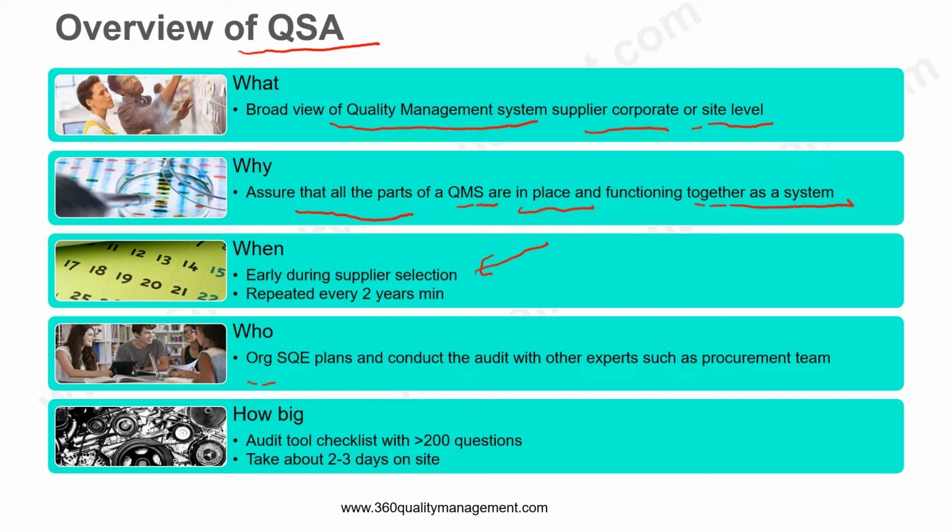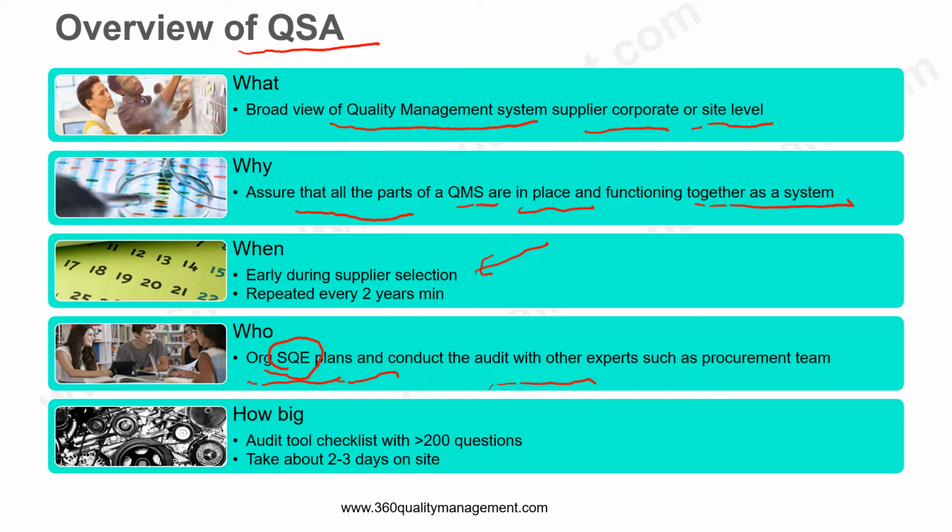Next, we shall look at who should conduct the audit. Normally, it's the organization's supplier quality engineers or managers who plan and conduct the audit with other experts such as the procurement team. And sometimes it could be only the supplier quality engineering personnel that conducts the audit due to budget constraints.